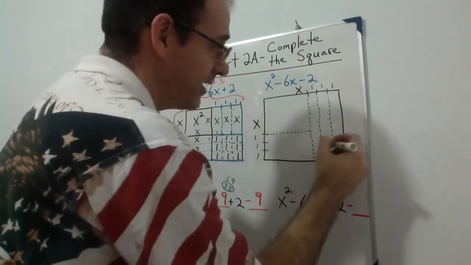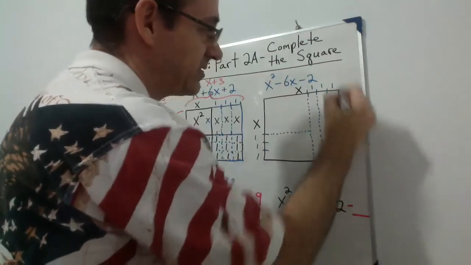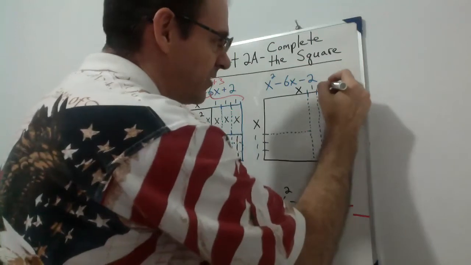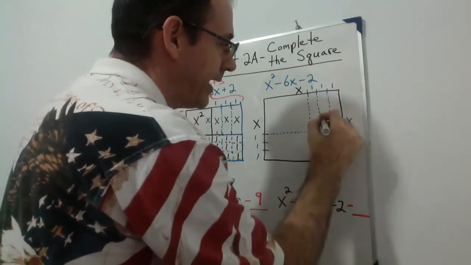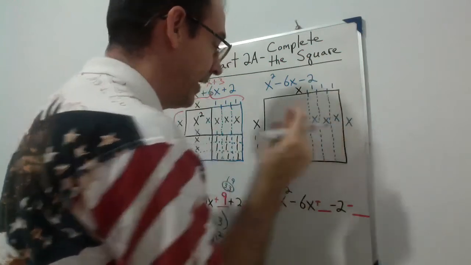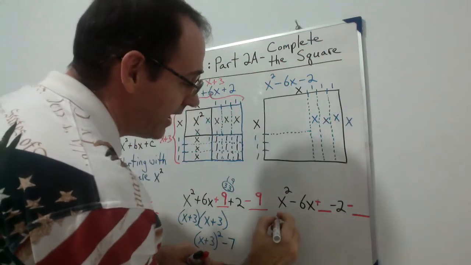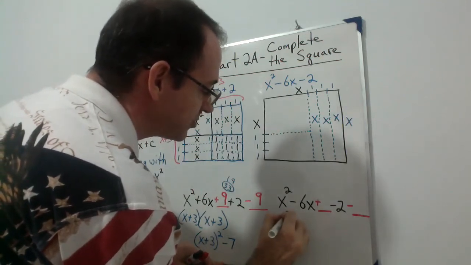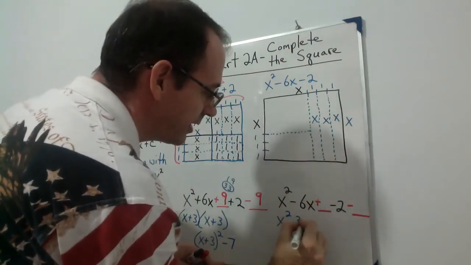And on this length here, remember this outer length is an x. Our big box is x. So now we've subtracted a 1x, another 1x, and another 1x. So what we've done is we've taken our x squared and we've subtracted 3x.